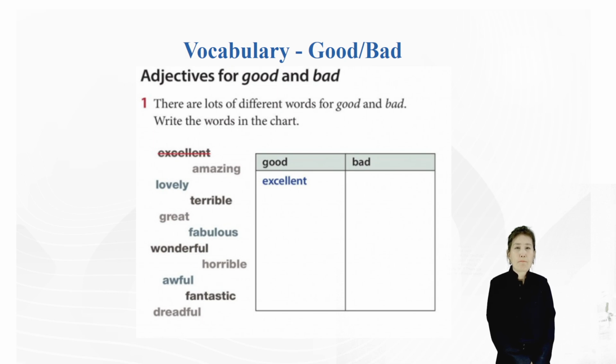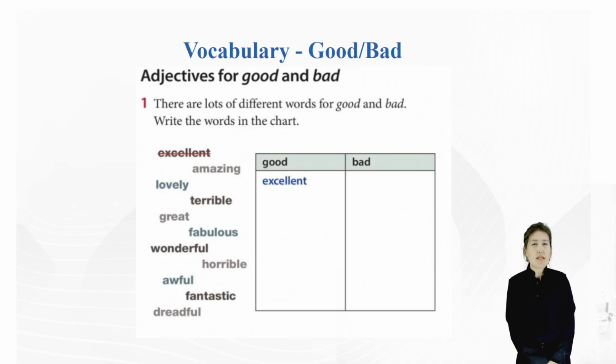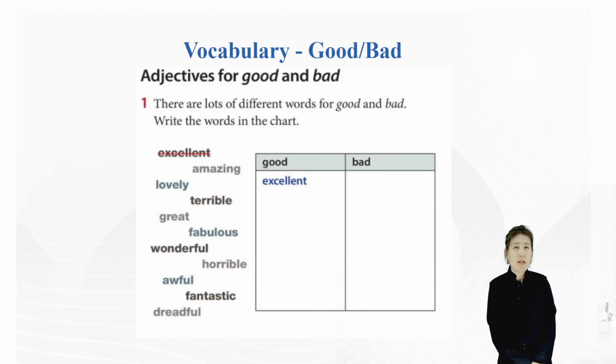Slide 10. There are lots of different words for good and bad. Let's write the words on the chart together. We have a variety of words in English that express different degrees of quality. Let's start with words that describe something positive or good: excellent, amazing, lovely, great, fabulous, wonderful, fantastic.